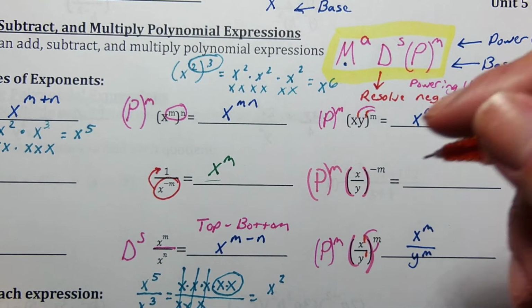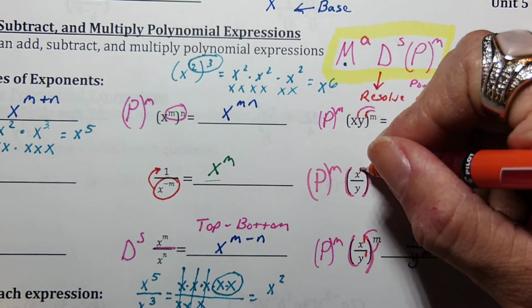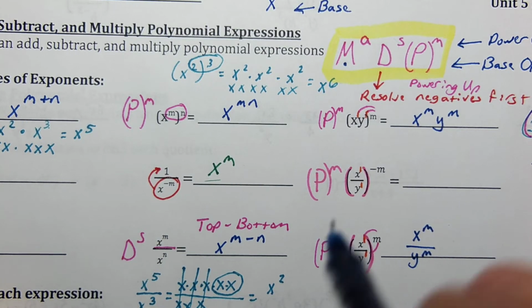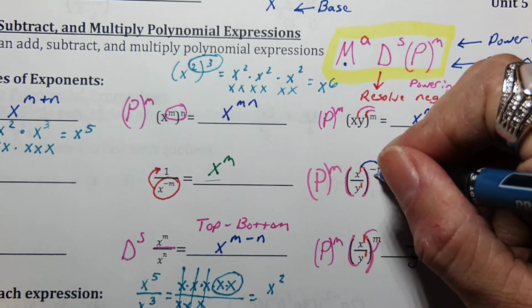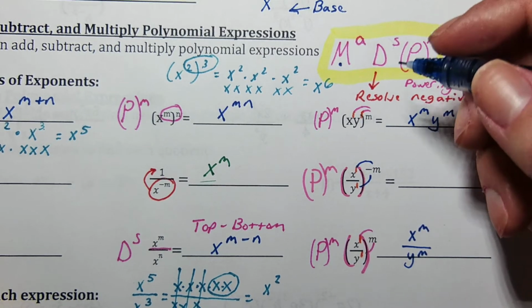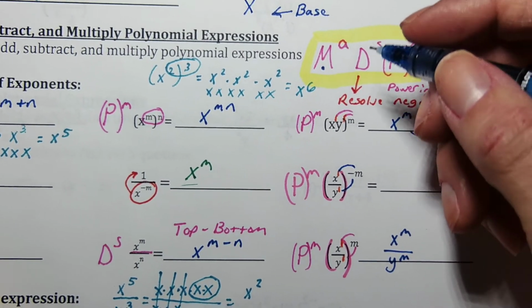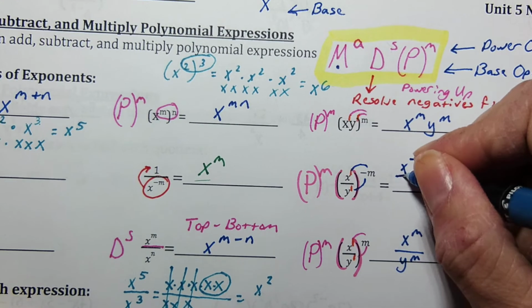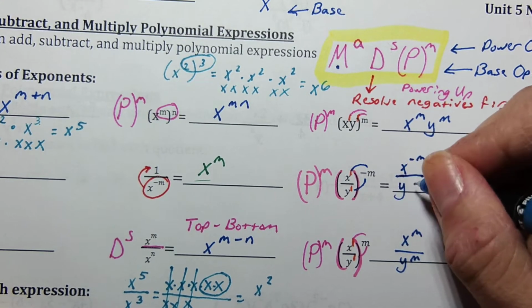So how many exponents do I have on the inside? 2 exponents. So I'm going to distribute that negative m to the x and the negative m to the y. We distribute it to all of the exponents in the parentheses. So now we have x to the negative m, and we've got y to the negative m.